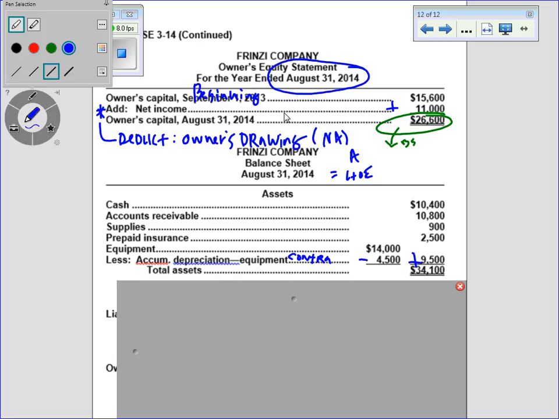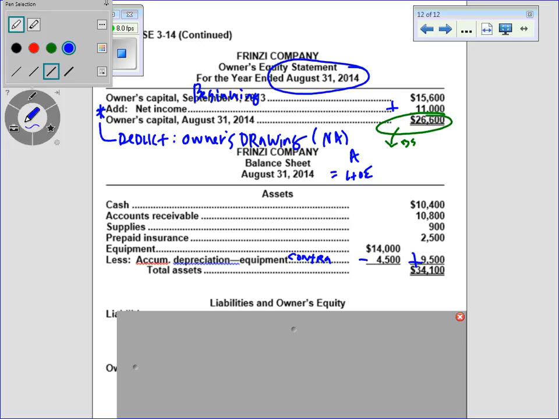Do you guys have liabilities listed as a heading? Yep, good. How many liabilities do we have? Remember, unearned rent revenue is 1. We have 3. We have an accounts payable, we have a salaries and wages payable, but remember, unearned rent revenue. Someone's prepaid.